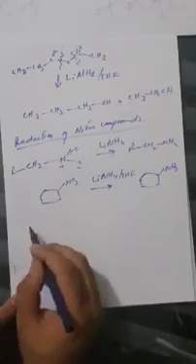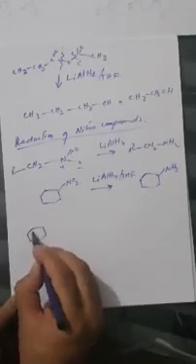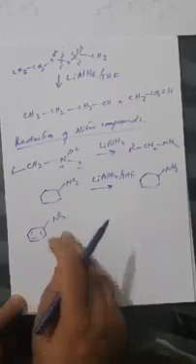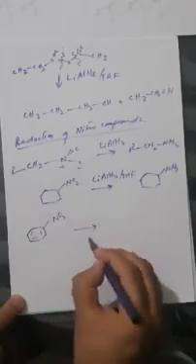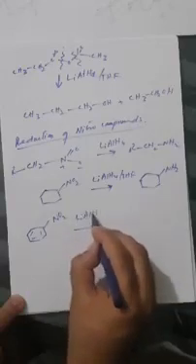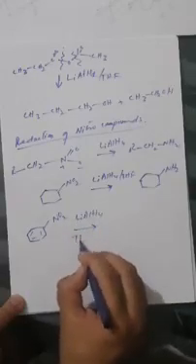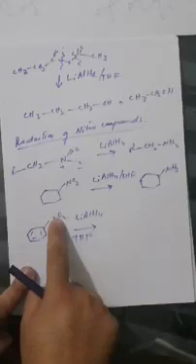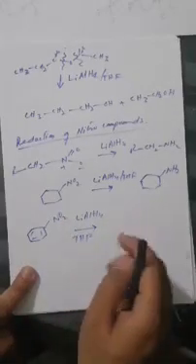But there is an exception with the aromatic nitro compounds. If you take these aromatic nitro compounds, upon reaction with lithium aluminum hydride, we were expecting that this nitro group will be reduced into an amino group.